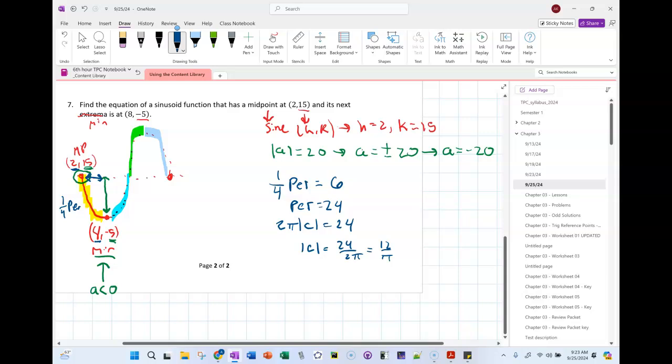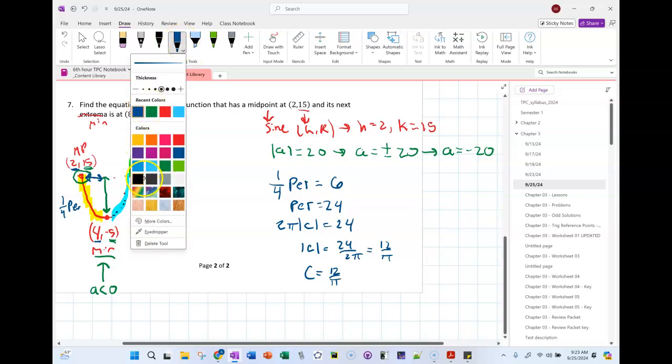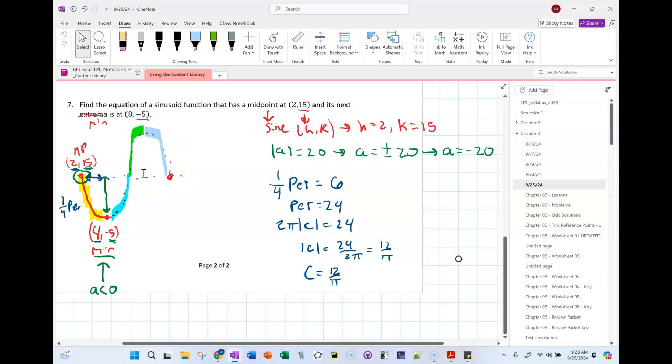So that becomes 12 over pi. And remember, we always use the positive version of C. So that's everything I need to write my equation. So y equals A, and we chose to use sine, and then the reciprocal of C, x minus h, plus k.